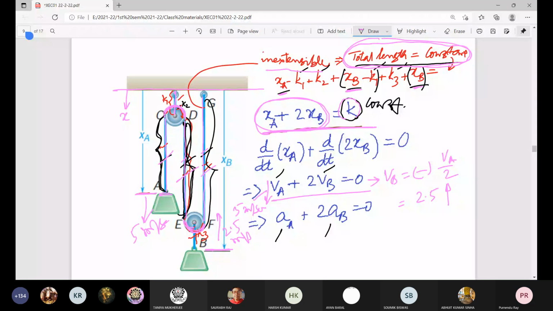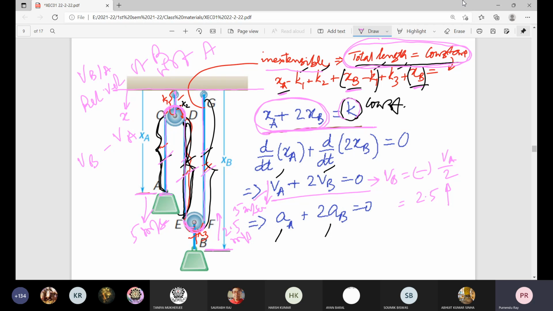But one thing, what about the relative velocity of B with respect to A? Sir, 7.5. The relative velocity of B with respect to A is vB minus vA in vector form.